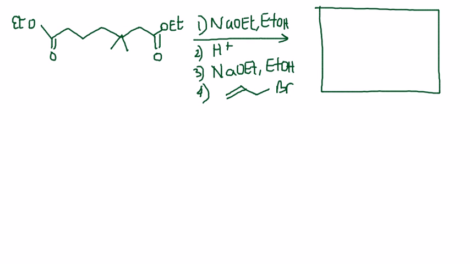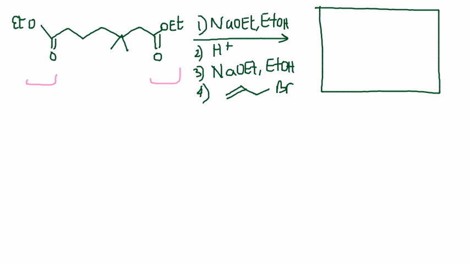Okay, it's time for a box problem. So let's see what's going on here. We have two ester groups. So we have an ester here and an ester here. We are going to treat it with basic conditions.